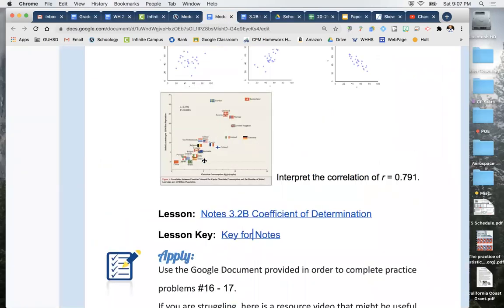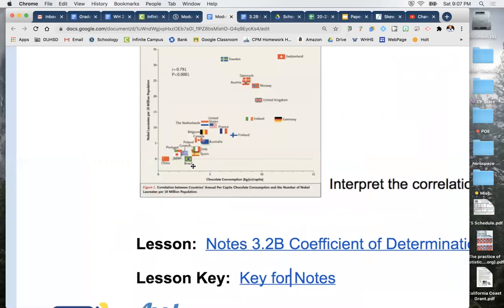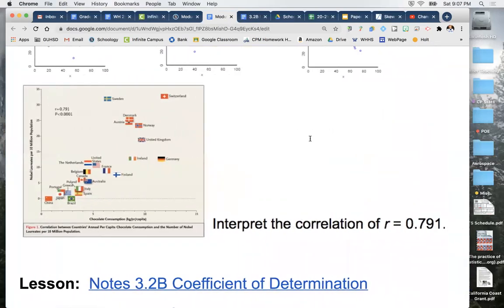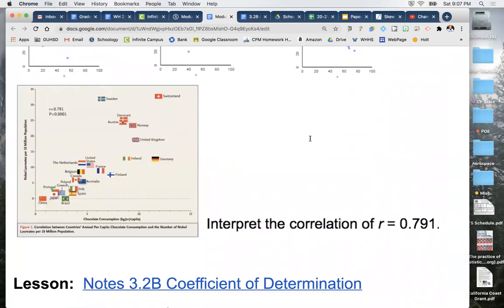If I had a least squares regression line here, I'm going to take my 0.791. I have a calculator here, so I'll tell you what the R squared value is. I would take 0.791 and square that value. I get 0.626.